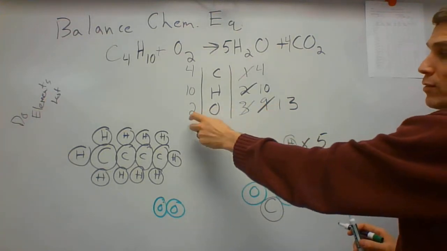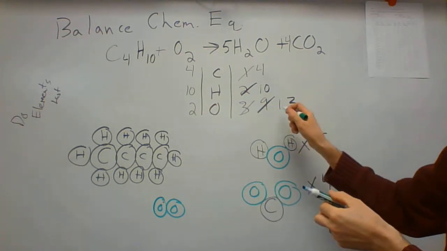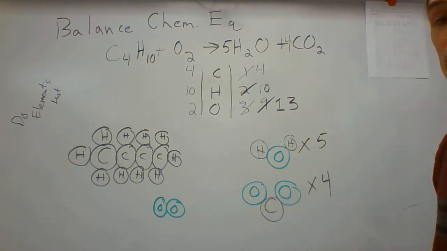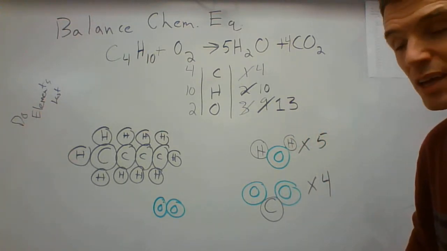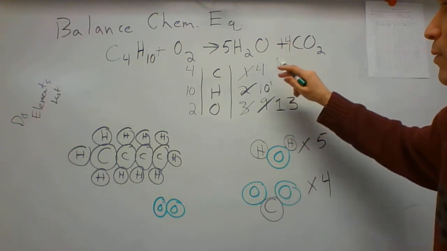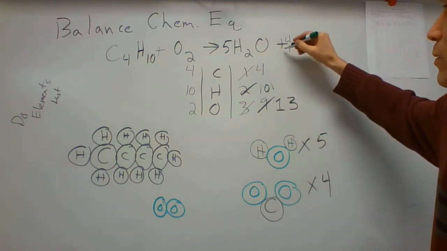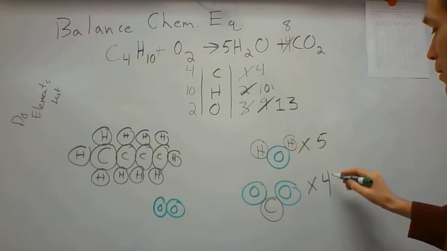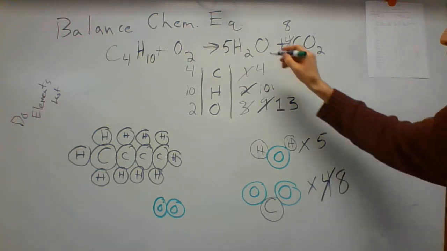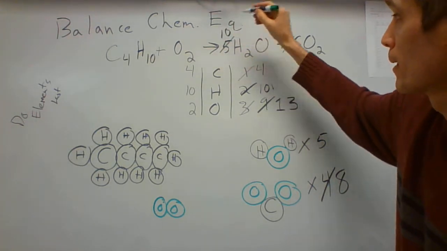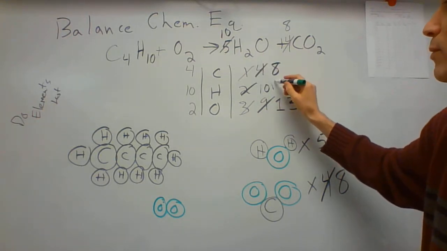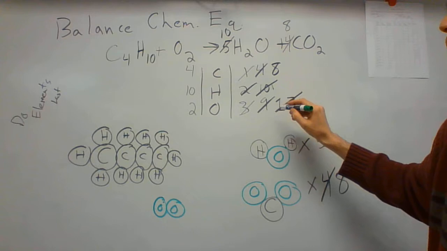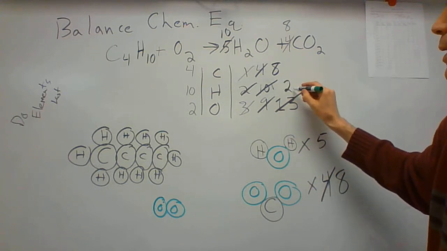Now the trick is, there's no way to get 2 to get into 13. I need it to be whole numbers. So what I could do here is multiply each one by 2, to turn this into an 8. That would give me 8 carbons, 20.